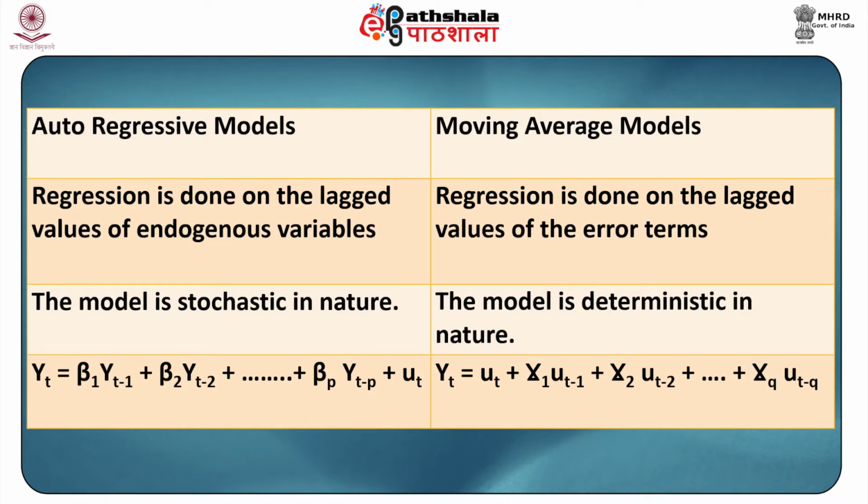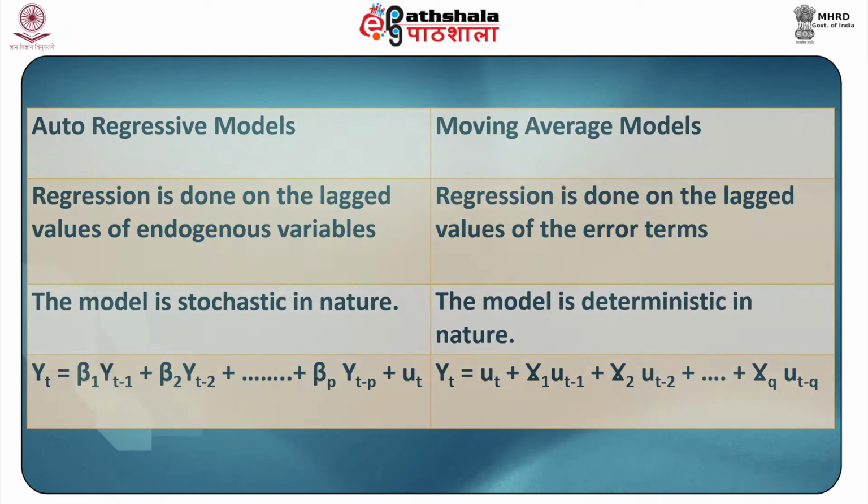In the AR model, the model is stochastic in nature, whereas the MA model is deterministic in nature. The AR model can be written as yt equal to beta 1 yt minus 1, and so on, till beta p yt minus p plus mu t. The MA model is written as yt equal to mu t plus gamma 1 mu t minus 1, and so on, till gamma q mu t minus q. So I hope you can look at the differences in these two models and appreciate them.